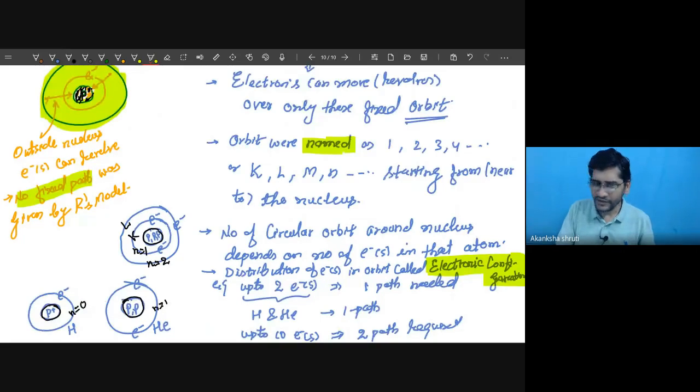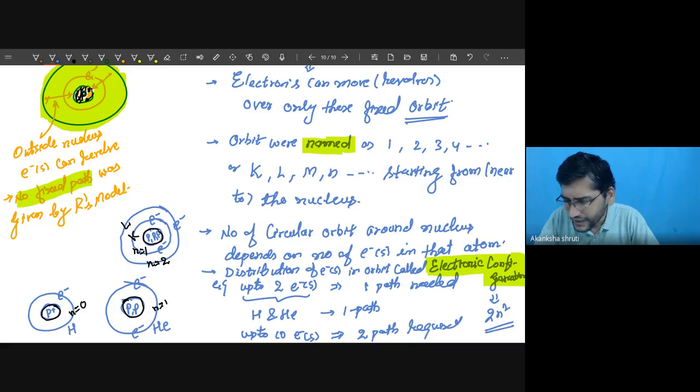Therefore, for this electronic configuration, the rule was given by Bohr along with another scientist called Bury. So it is called the Bohr-Bury scheme. We will learn it later. This electronic configuration follows the formula 2n squared. Whatever n we are considering, say the n value is 1, 2, 3, 4 or K, L, M, N. So for K, n equals 1, that n can be placed here, so it becomes 2.